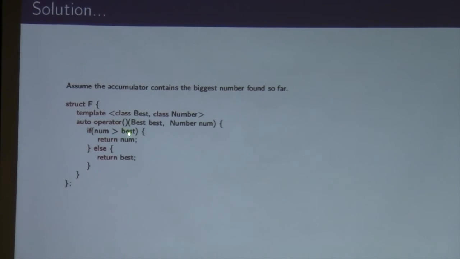So ternary: condition, question mark, true value, false value. I think it's not going to work. It will work. The ternary must have a single expression type. Right, and it'll deduce the common type between your two arguments, if there is one. If there is one, okay.